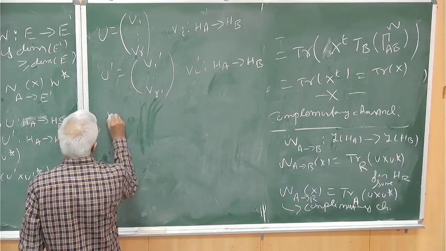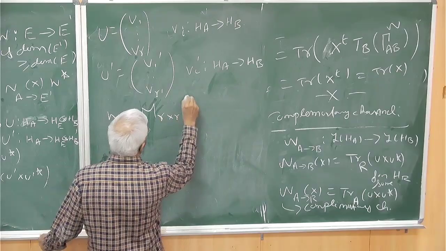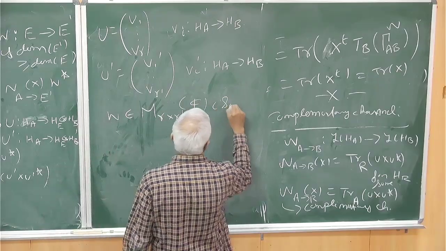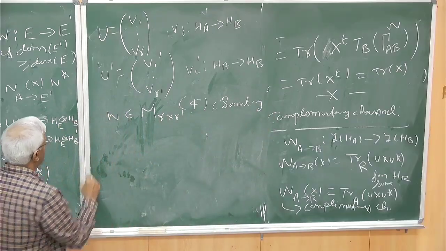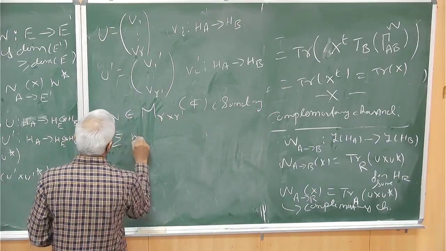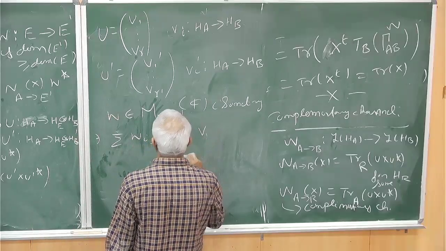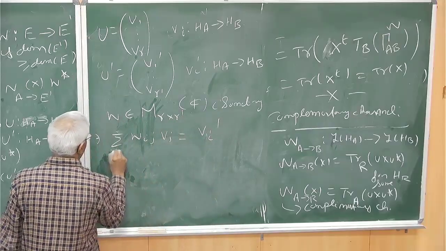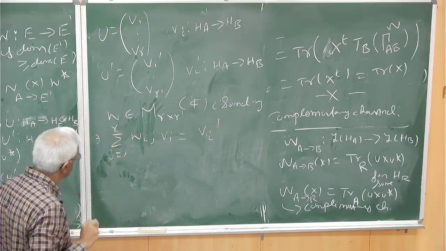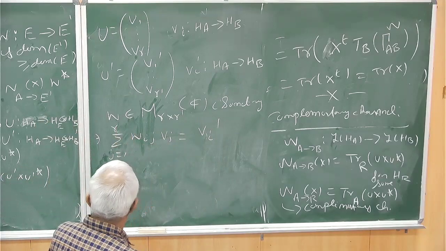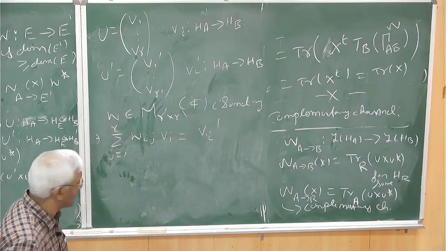There exists a W in M R cross R prime, the isometry. This is just a scalar isometry such that the summation of Wij Vj is equal to Vi prime, with j equal to 1 to R. Maybe the other way, R prime cross R, then it will work.